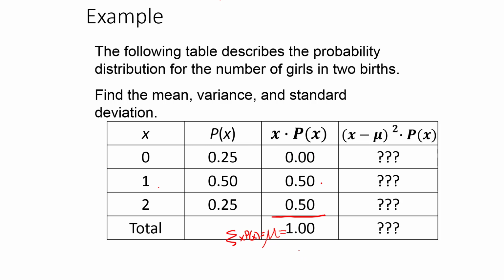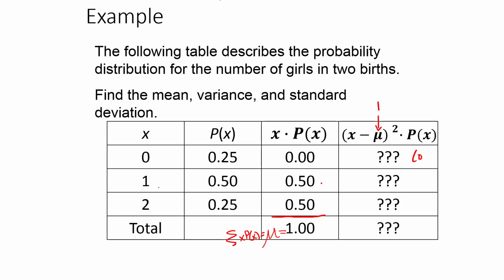So in order to get the variance, we need the mean, but we just found that. So this is the mean of 1. For example, this first cell here in the far right column is going to be 0 minus 1 squared times 0. So what's that going to be?